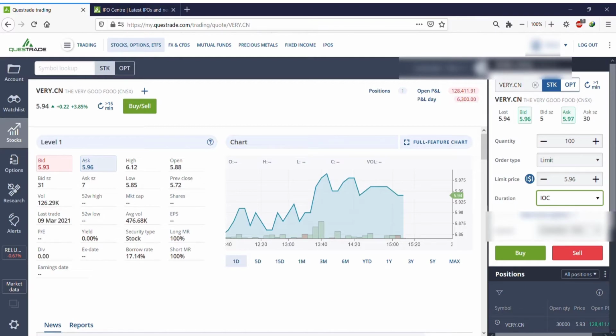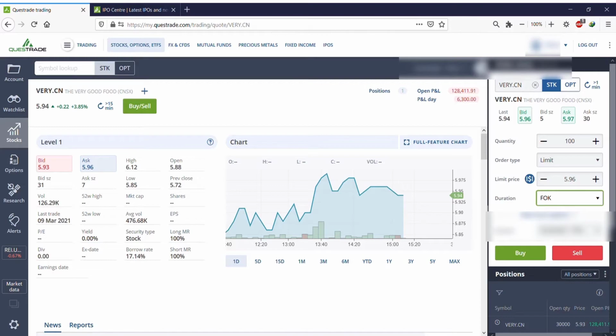And FOK, so remember to pronounce this FOK. FOK means fill or kill. Fill or kill means you ask the system to buy either the whole amount of the order or none of it, and cancel immediately. So let me tell you the difference between the two.